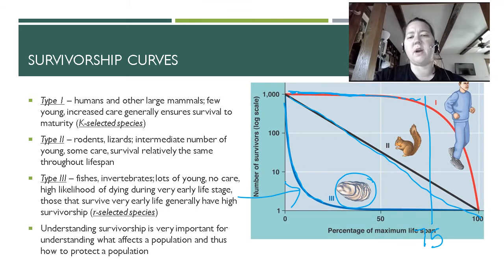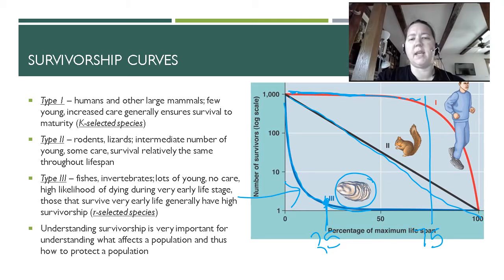So you have this huge drop off of the young getting eaten, not finding suitable habitat, not finding nutrition. All right, and then once they reach this certain point, that if they've crossed this threshold, so in this case we're looking at about 25%, then there's a good chance that they'll continue to survive, okay, until whatever their natural lifespan is.